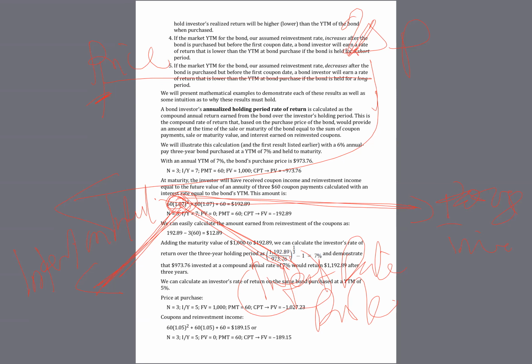Nothing. So then you ask yourself, if you bought a bond and your investment horizon is short. So if you bought a bond, it's a 20-year bond, but then you intend to hold it for only 2 years. So we can say that your investment horizon is short term. So in this case, 2 years.